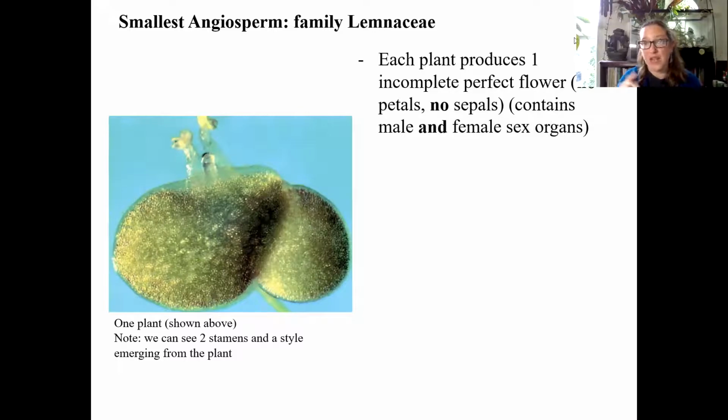Yes, Brittany, a whorl. If you're an incomplete flower, you're missing a whorl. Remember, there's 4 whorls that flowers have: sepals, petals, stamens, pistil. If one of those is missing, you're an incomplete flower. And in this case, this flower has no petals or sepals, so it's missing 2 whorls.